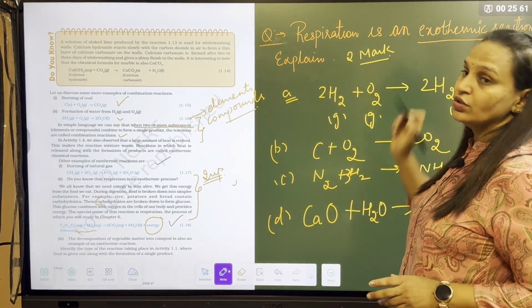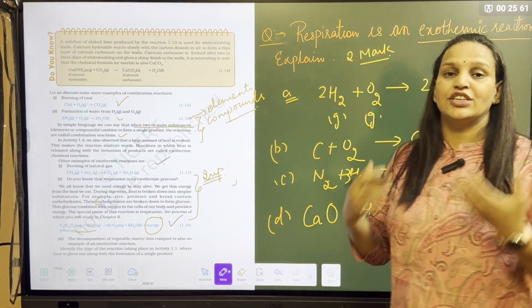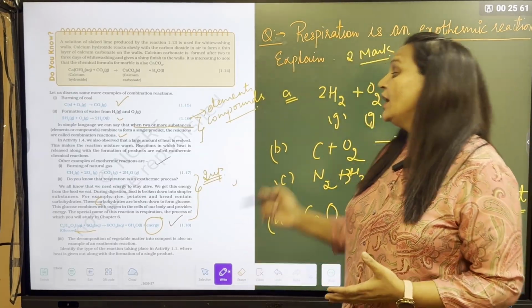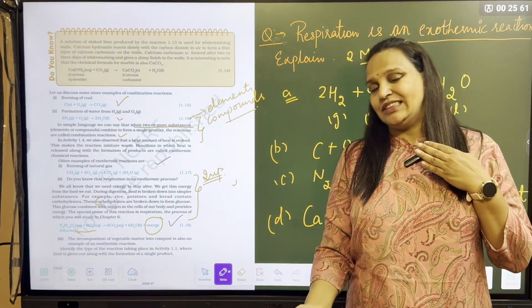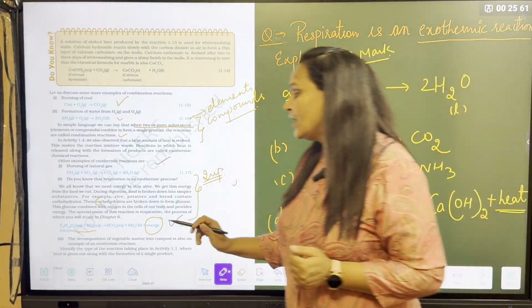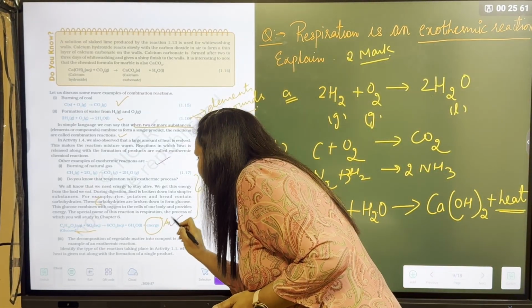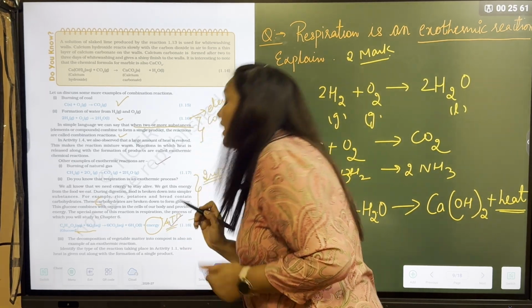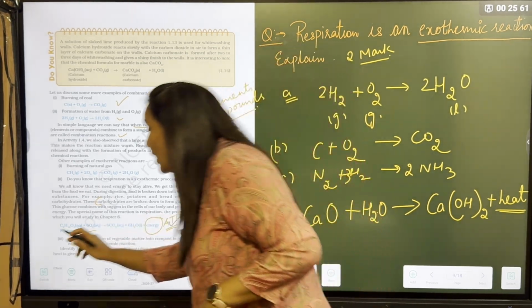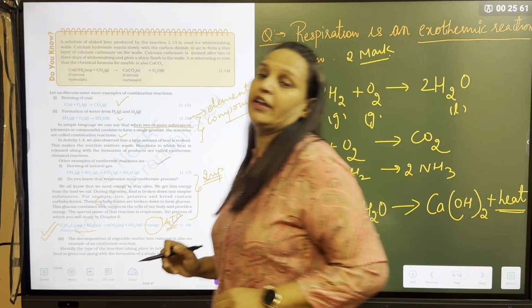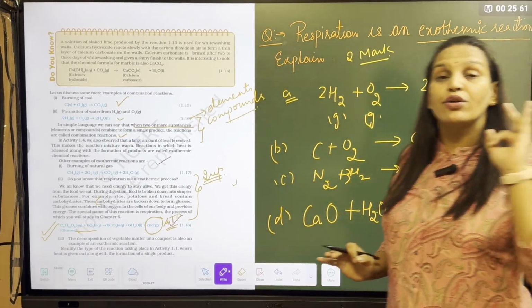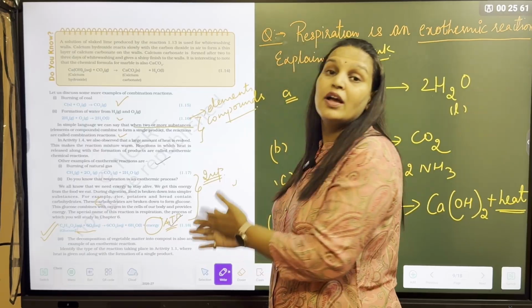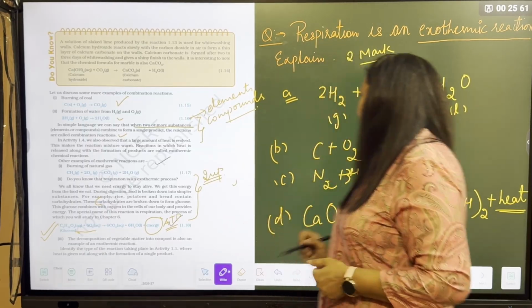If they ask you to justify or explain, you have to write these 2 lines: food is broken down with oxygen to give you energy in the form of ATP. Second most important thing, writing the reaction is very, very important. If you do not write the reaction, we will not score marks.